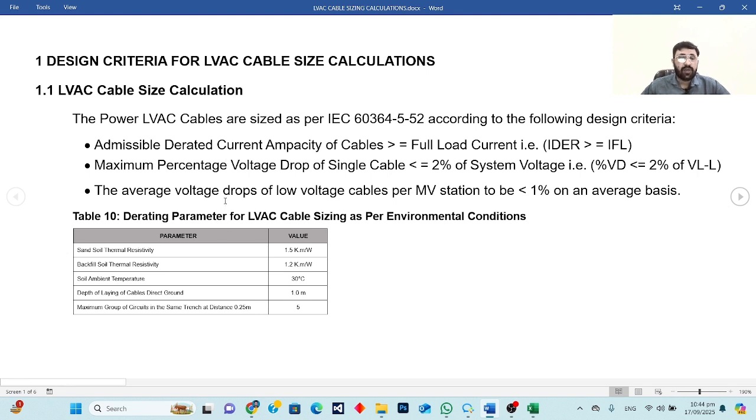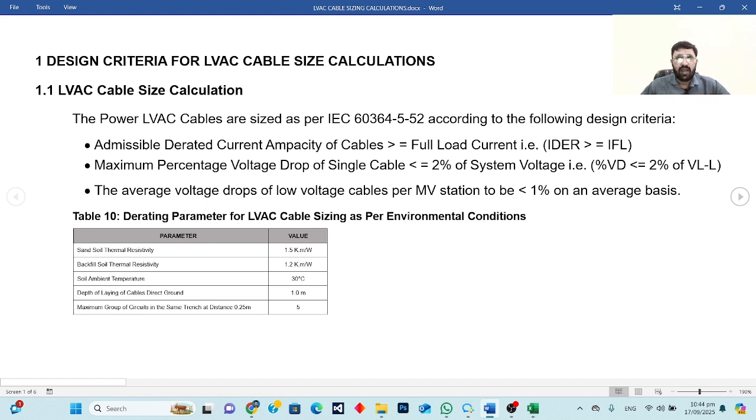And the other option is that when we are designing for solar systems, we are connecting multiple cables at one MV station for large scale projects. So we have to give the average voltage drop to put in the PVsyst report to analyze the energy numbers. That is why the voltage drop of the low voltage cable per MV station is less than 1% on an average basis.